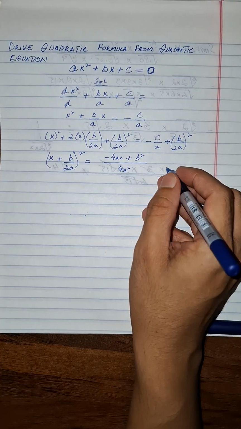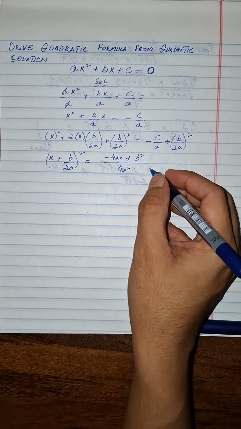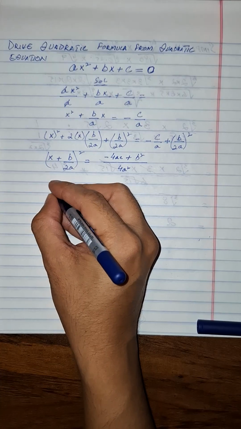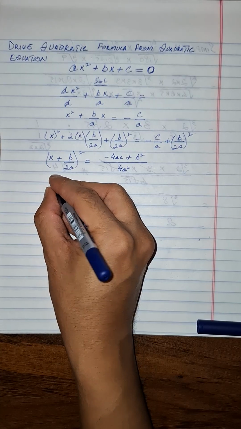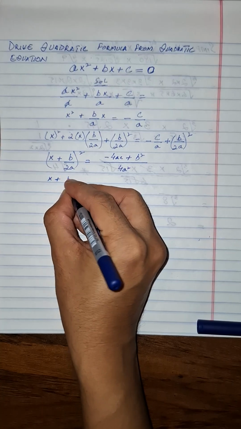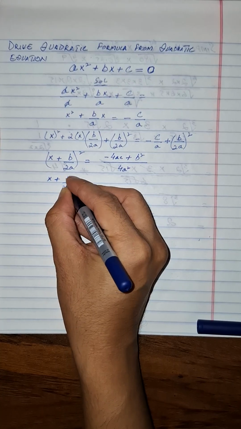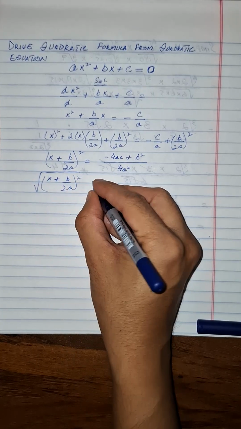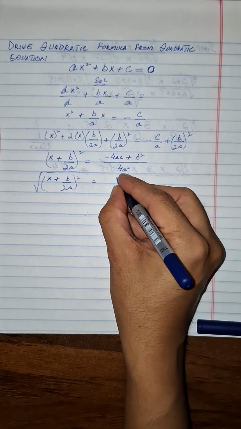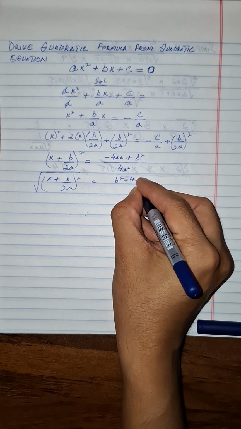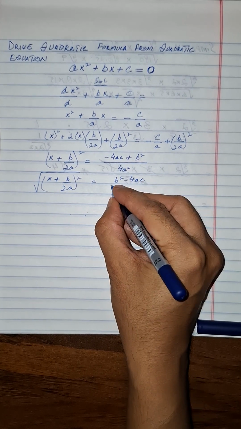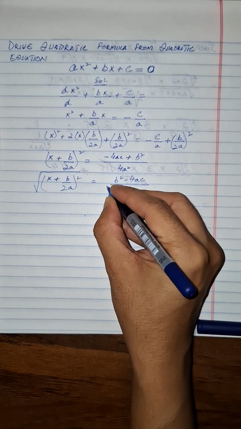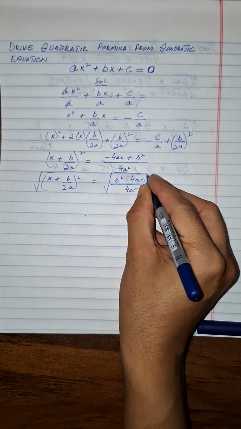So now we will take the square root of both sides, and with the square root we can write it as x plus b upon 2a whole square root into b square minus 4ac upon 4a square root.